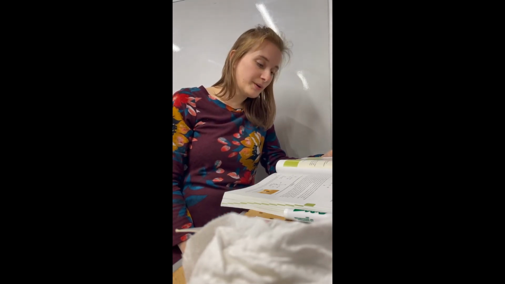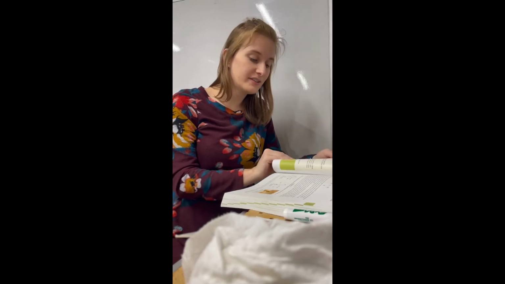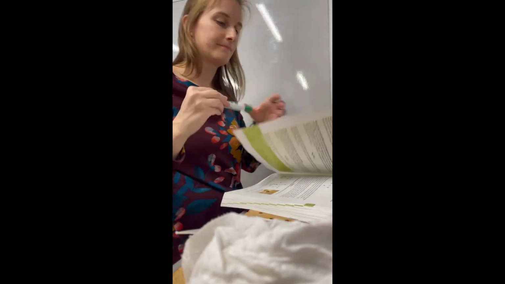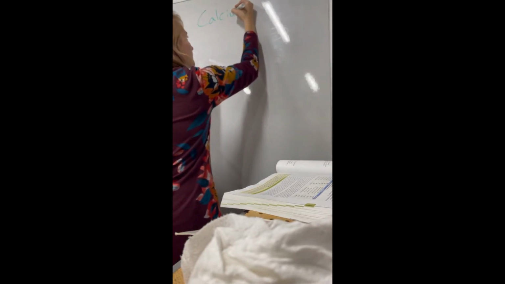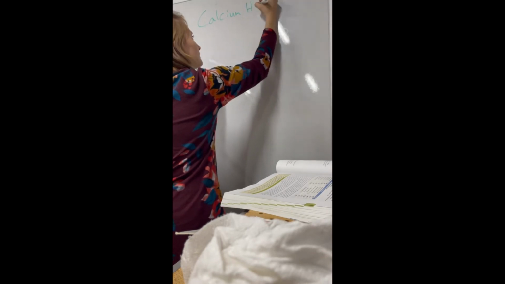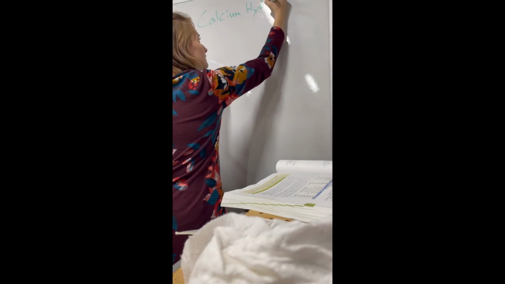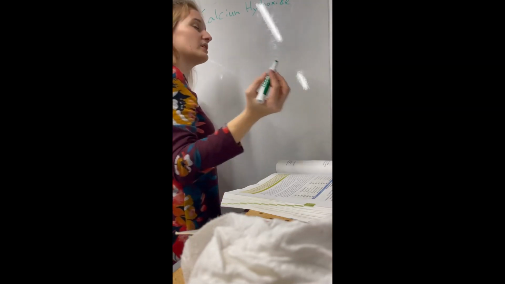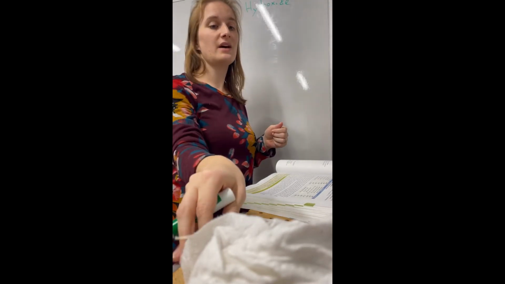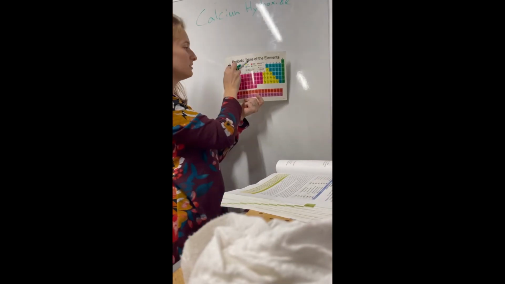We're going to do calcium hydroxide. Calcium hydroxide. So first thing we do is figure out what ions we're dealing with. Calcium. Calcium is in column 2.